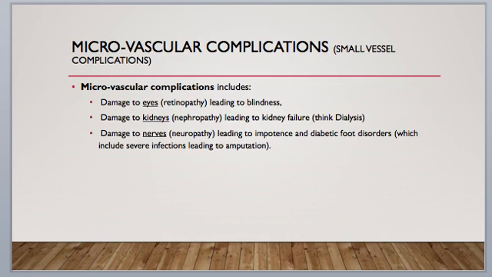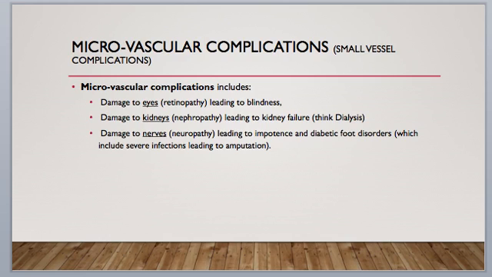We will now begin reviewing the three main microvascular, micro meaning small, vessel diseases associated with diabetes. Micro, again referring to the small veins and arteries, include damage to the eyes, also known as retinopathy, which is a leading cause of blindness.